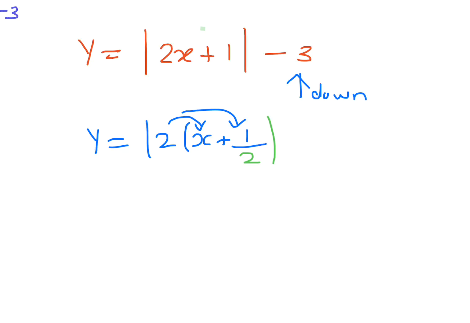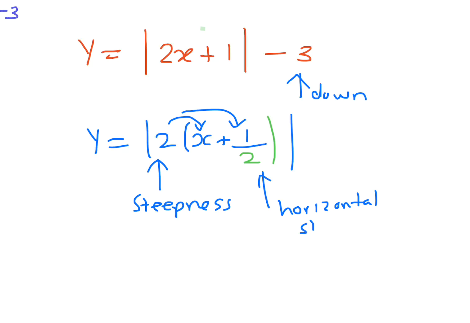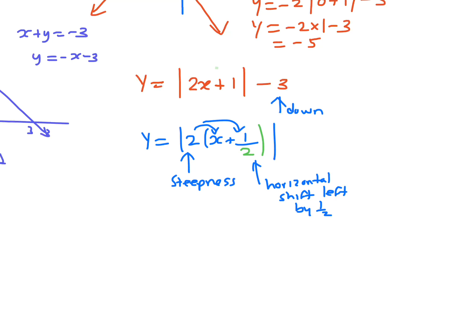Okay, so I'll just do that and make it back to the blue, and we'll go absolute value. So now that 2 there just affects the steepness, but that there would be a horizontal shift left by 1/2. So now when you go to sketch that and put it onto a number plane, we're going to go to -1/2 to the left.